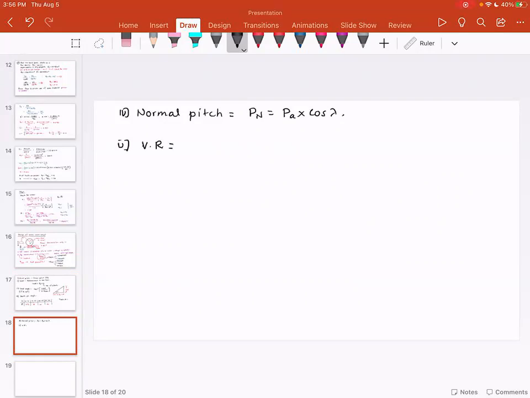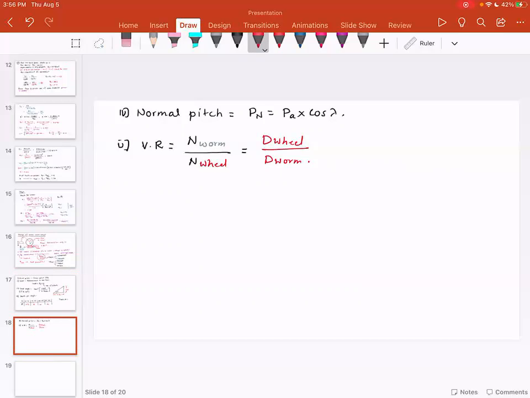Velocity ratio for worm wheel drive is given as velocity of the worm, N worm, divided by N wheel, because worm will be rotating faster, which is diameter of the wheel divided by diameter of the worm.